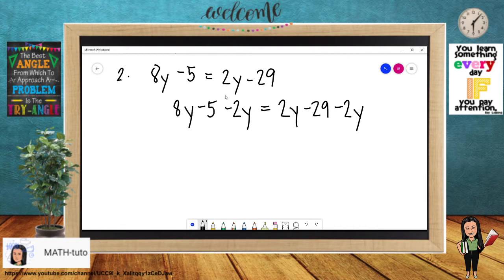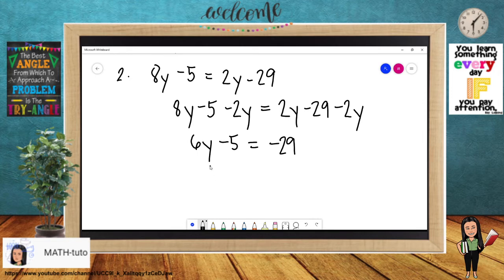We can now simplify this one. So we have 6y minus 5 is equal to negative 29. Now, we put all the constant terms on the other side.